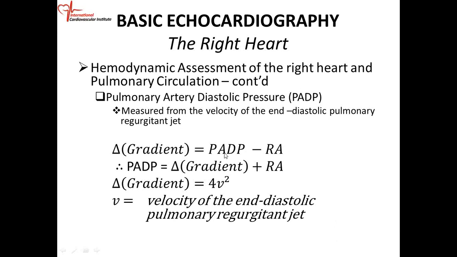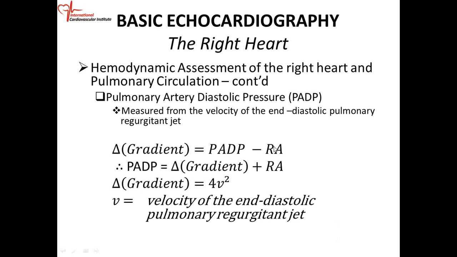Okay, so this is the pressure gradient. Blood is flowing from the pulmonary trunk across the pulmonary valve into the right ventricular outflow tract. The only reason why that can occur is because the pressure in the pulmonary trunk in diastole is greater than the pressure in the RV in diastole, so that you get a pressure gradient.